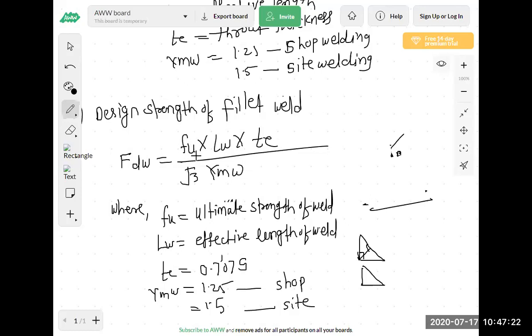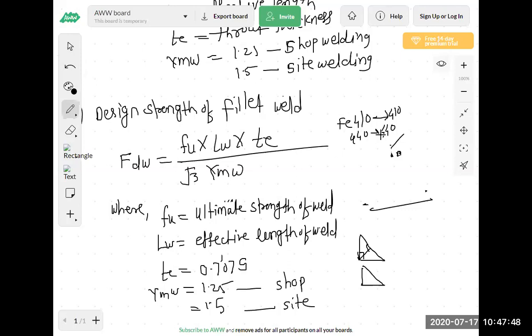Fu is 410 Newton per mm square. It depends upon the grade of steel. Similarly for Fe440, here 440 is there.